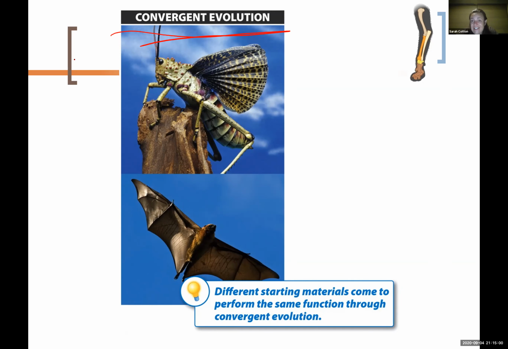So flight evolved in insects completely independently from flight evolving in mammals, right? It happened. In fact, there are other organisms that evolved flight as well. It has evolved multiple times in the history of life. So that's kind of interesting. Okay. All right. So that's called convergent evolution. I'm not super uptight on you knowing that term.